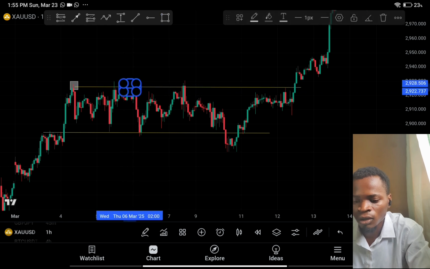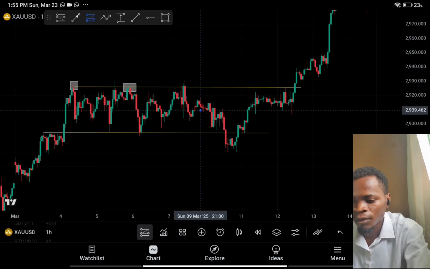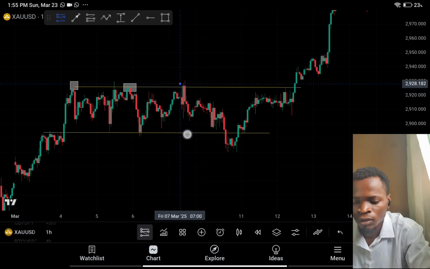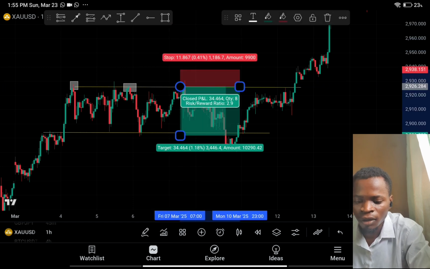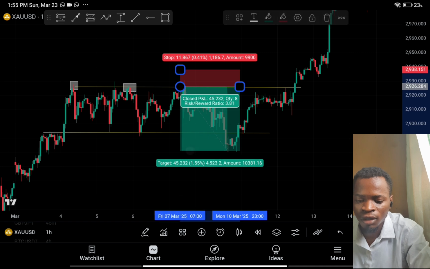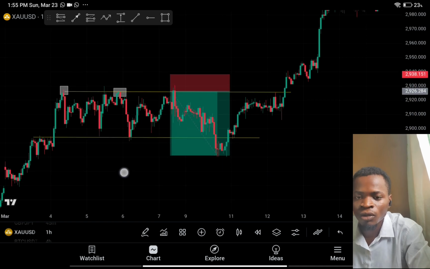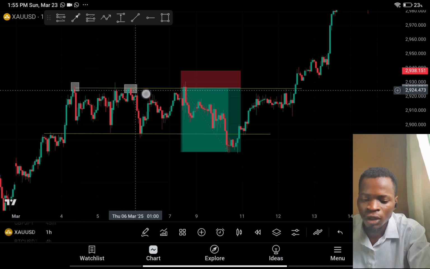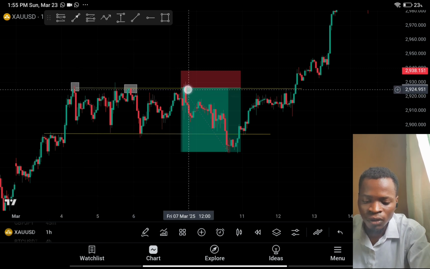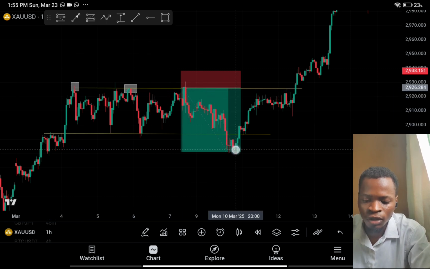Then upon the third touch, you see how price sold. This is a practical example. All you need is two touches. Upon the third touch, you see how price sold, boom, to this place.